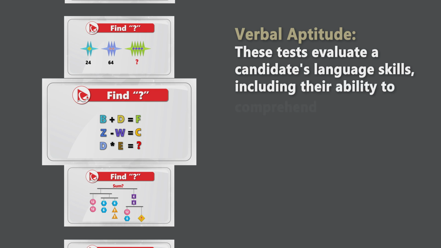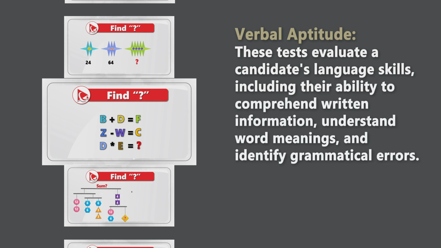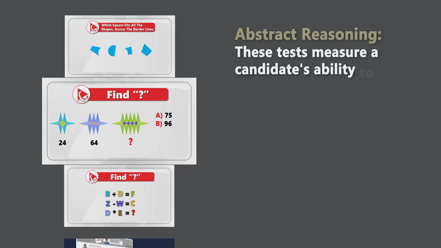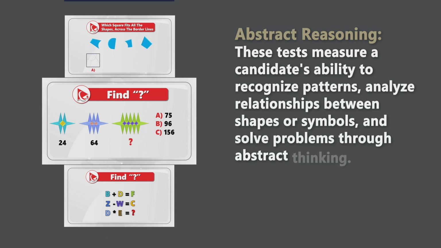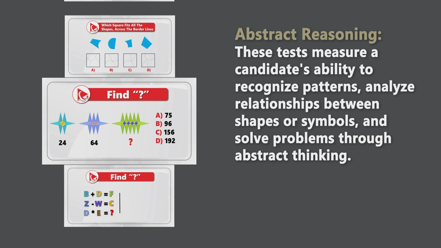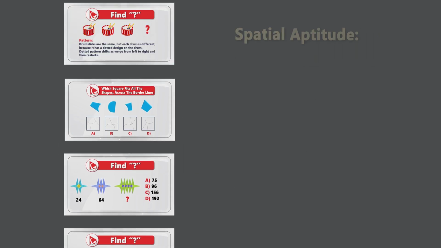Verbal aptitude questions evaluate candidates' language skills, including the ability to comprehend written information, understand word meaning, and identify grammatical errors. Abstract reasoning questions measure candidates' ability to recognize patterns, analyze relationships between shapes and symbols, and solve problems through abstract thinking.